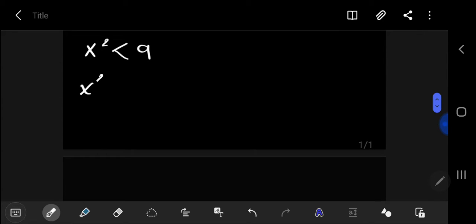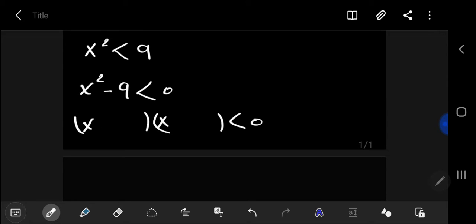The second example says also: if x squared is smaller than 9, find the values of x that satisfy this quadratic inequality. So here we will say x squared minus 9 smaller than 0, (x minus 3)(x plus 3).